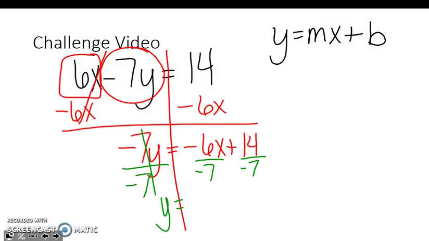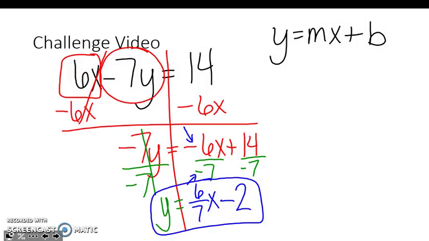However, I know that 2 negatives is going to equal a positive. So you still have to follow all your simplifying rules when it comes to slope. So a negative 6 over a negative 7 is going to become a positive number for our slope. And then 14 divided by negative 7 is a negative 2. So that's our new answer.